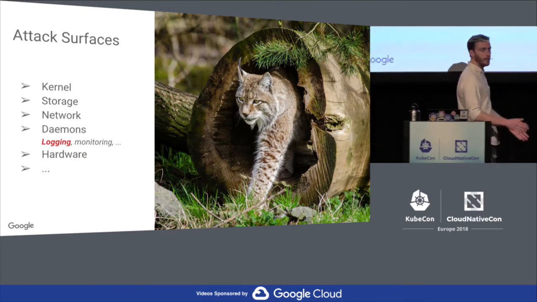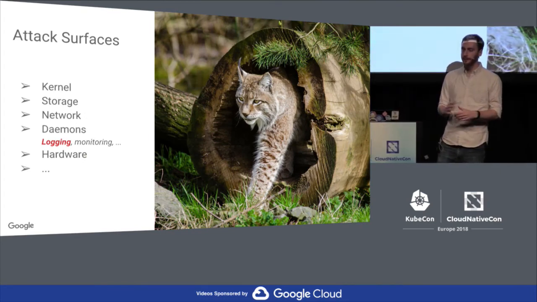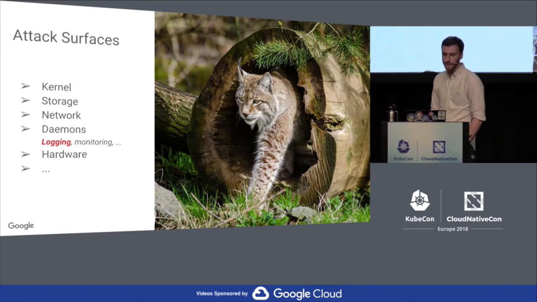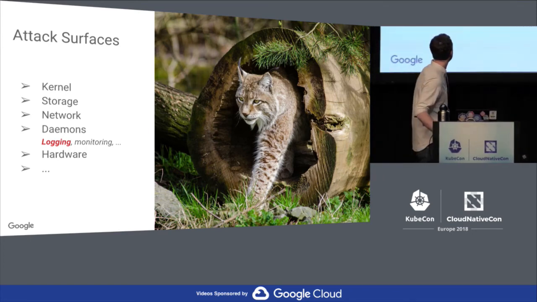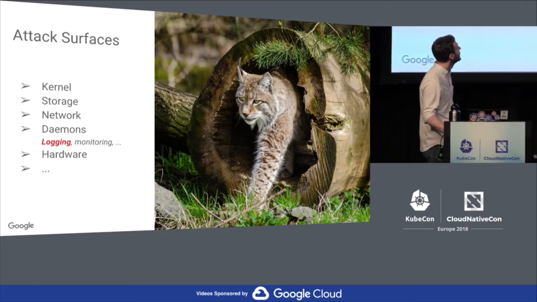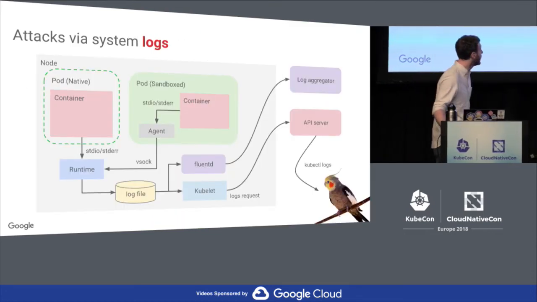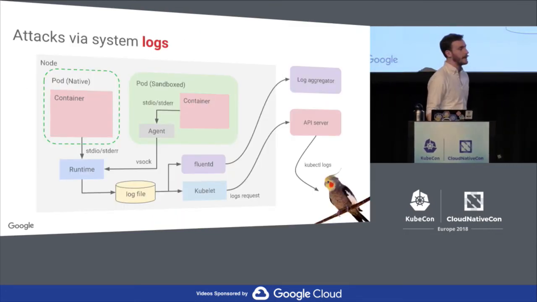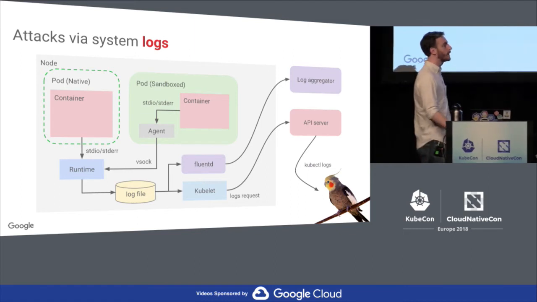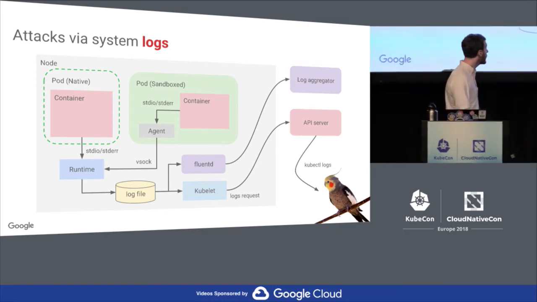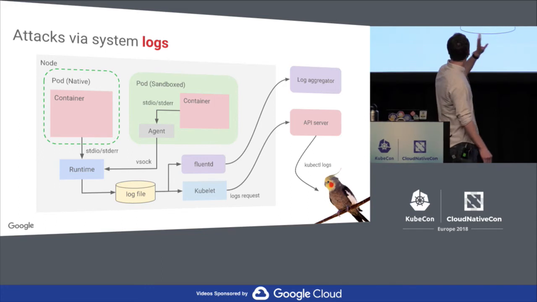So now I want to move on to talking about attacks via the different daemons in Kubernetes. Specifically, let's look at attacks via logs. This is sort of a simplified diagram of the log flow on the node. So the logs start from the container.